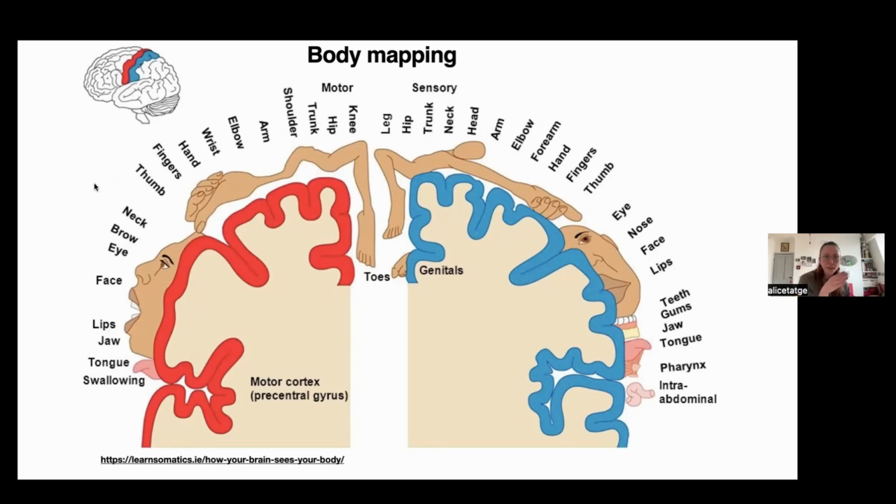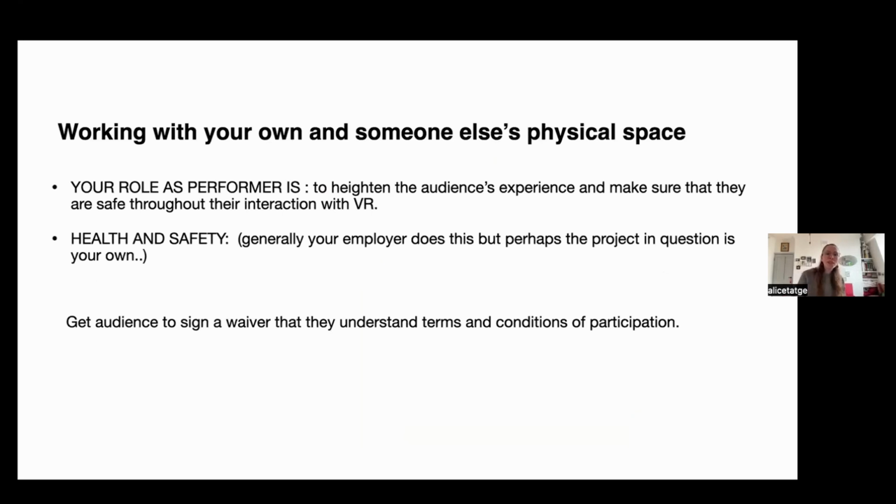On the red side is the motor, and on the blue side is the sensory, and they are so intermixed. My relationship to my body mapping is so interconnected, not just with the physical, but with the sensorial, and how I relate to touch, and how my receptors can include the environment as well.